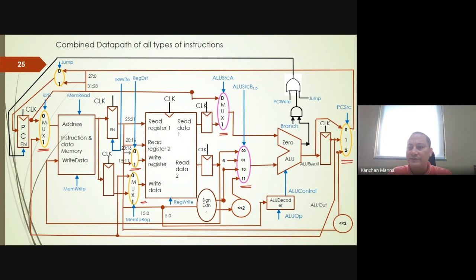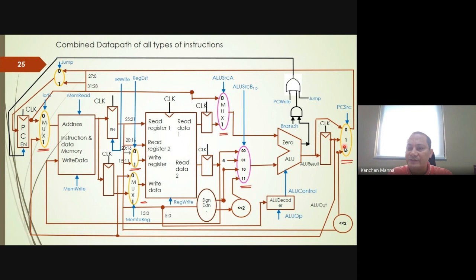Now let's explain this one. You can see this multiplexer is just before the PC's input port, right? Now the PC is getting its value from 3 different sources. One is our PC plus 4, which would come via this path, and the branch address would come via this path, after the ALU out.